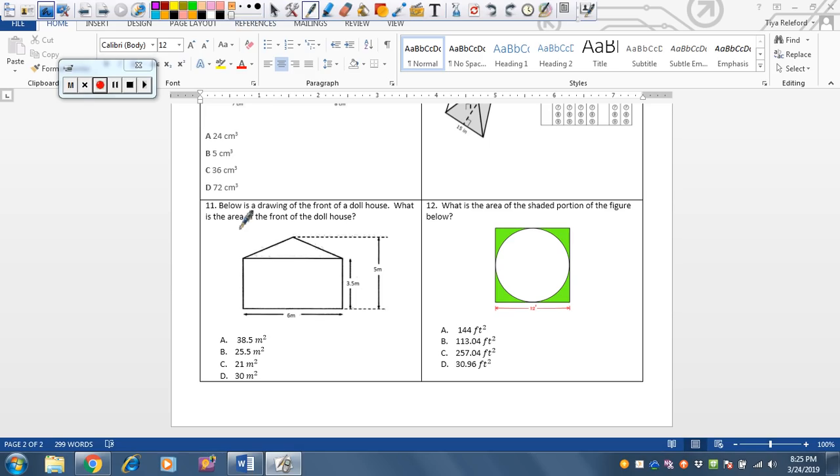Don't let number 11 fool you. It says area. You have a triangle. Right? Right here. And you have a rectangle right there.